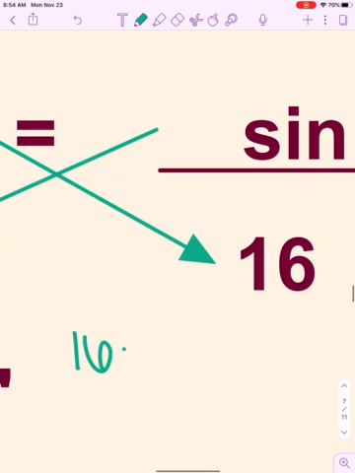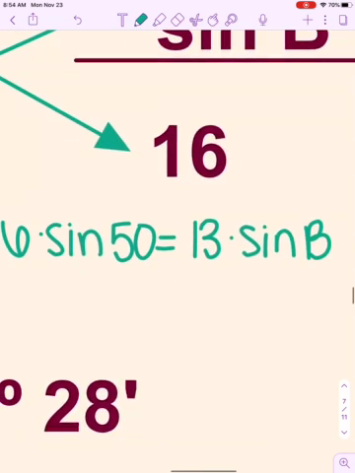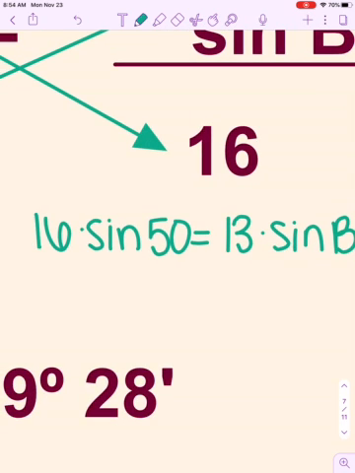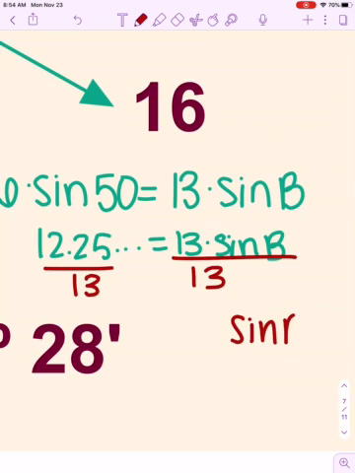Cross multiply. So we have 16 times the sine of 50 equals 13 times the sine of B. So 16 sine 50 gives us 12.25 and so on, equals 13 times the sine of B. Then we divide by 13, which is going to give you the sine of your angle.